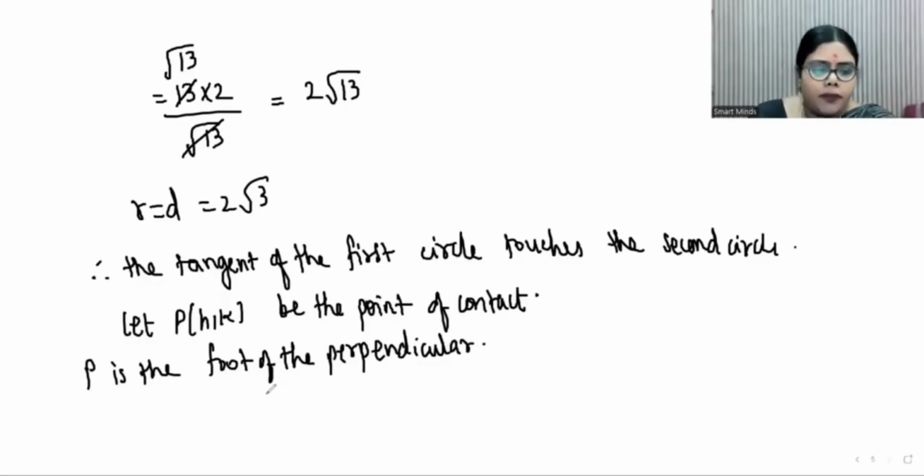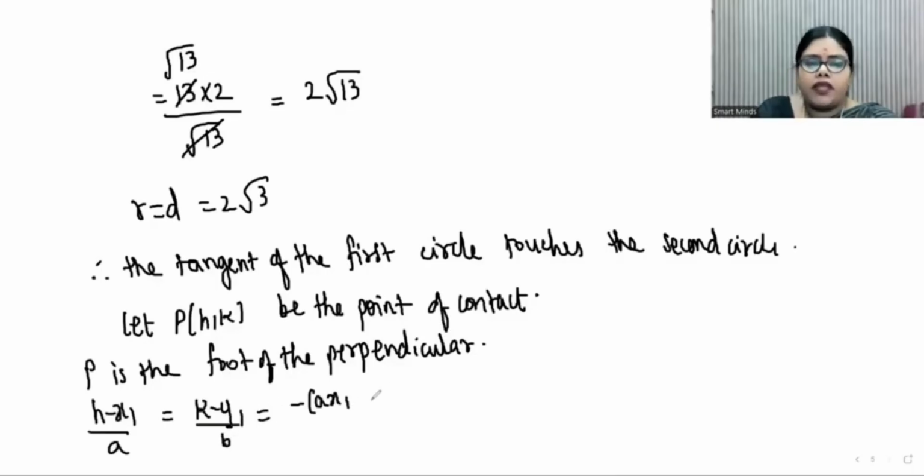So it is the foot of the perpendicular. So now we should know the formula for the foot of the perpendicular: h minus x1 by a is equal to k minus y1 by b is equal to minus of a x1 plus b y1 plus c by a square plus b square. We have learned this formula in the first year straight lines chapter.